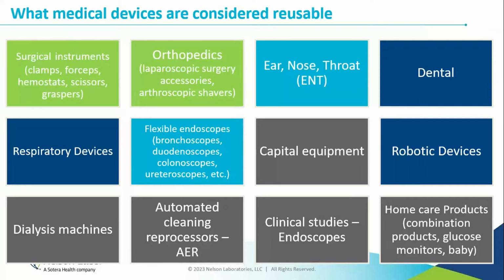Now you're just proliferating all these organisms out as well. So you have to have a disinfection process to accommodate that. We have automated cleaning reprocessors, machines that clean the devices, and we also validate those. And home care products, right? Baby bottles, glucose monitors, anything that's home care use, CPAPs, those all have to be validated.